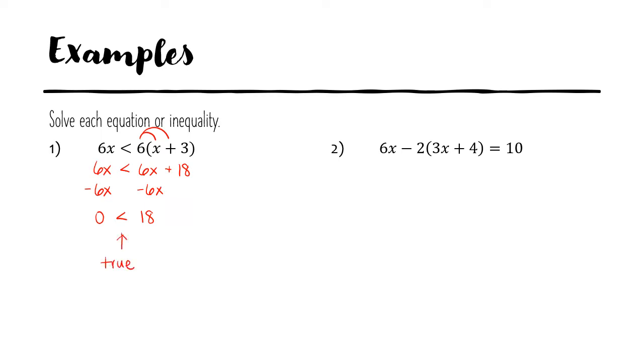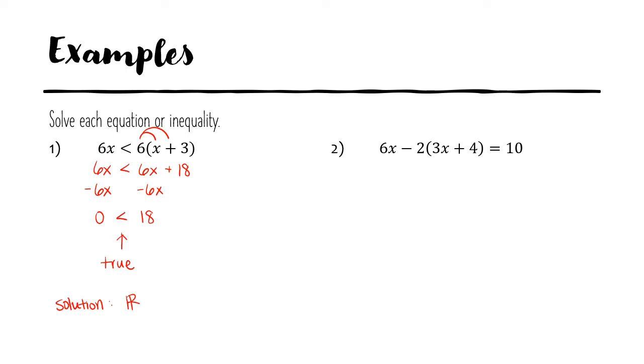That will always be true no matter what x might have originally been. This statement is always true. Therefore, the solution is actually all real numbers. We could plug in literally any value for x, and we will always end up with a true inequality. 0 is less than 18, true statement.